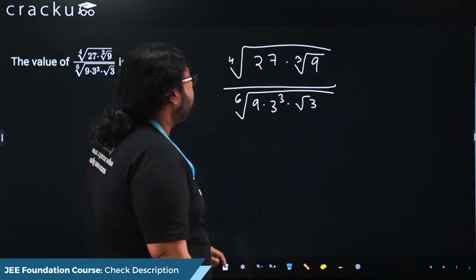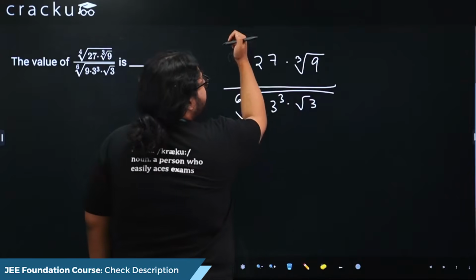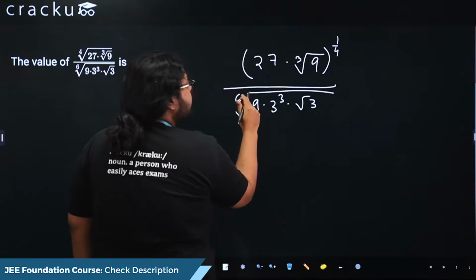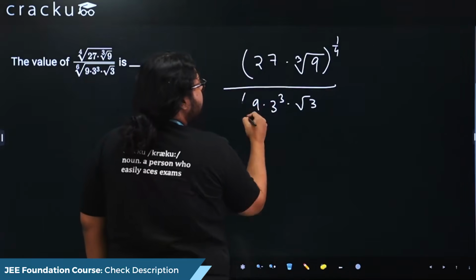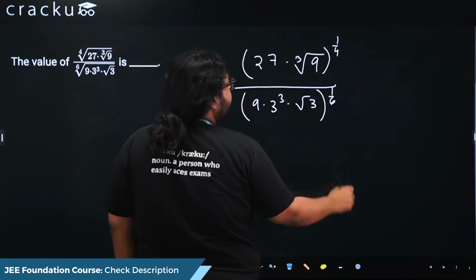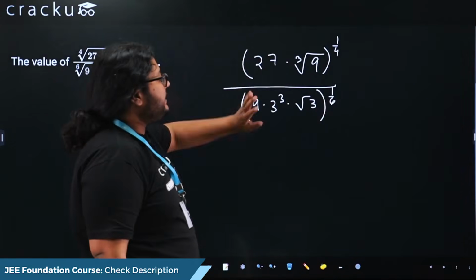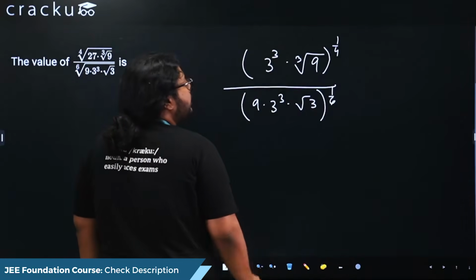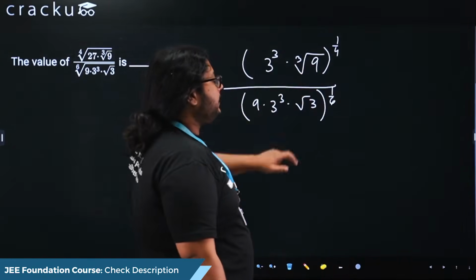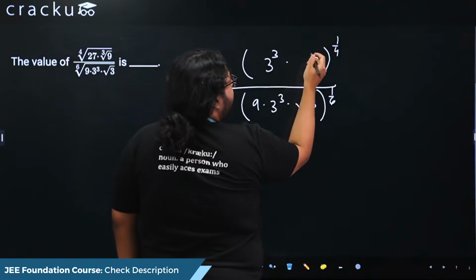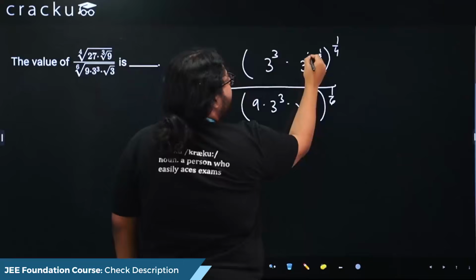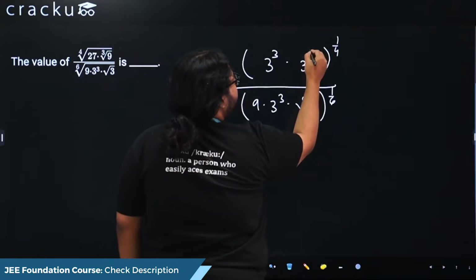Okay, let's evaluate this. The 4th root of this whole thing means this whole thing to the power 1 by 4. Similarly, the 6th root of this whole thing means 1 by 6. Now 27 is 3 cube, and the cube root of 9, where 9 is 3 square, becomes 3 to the power 2 by 3.